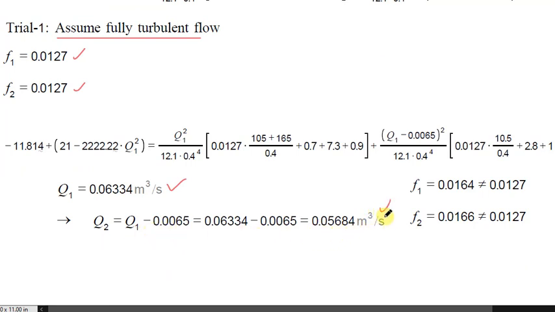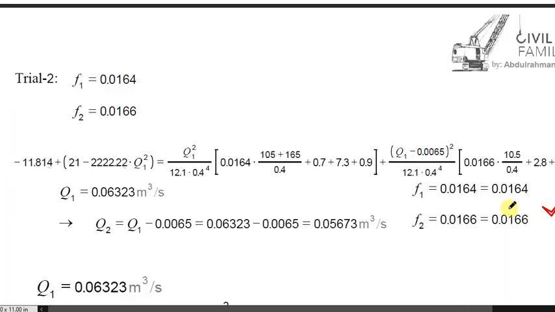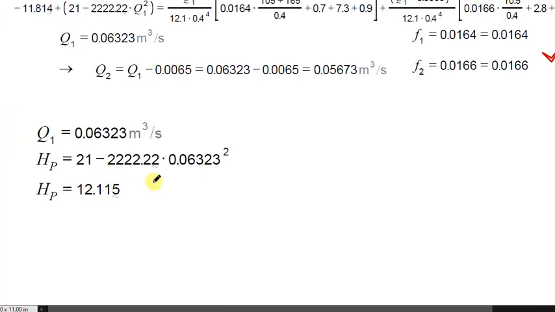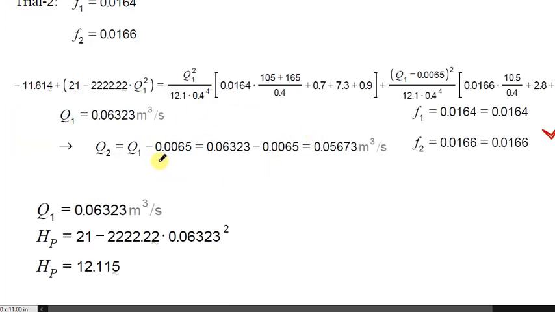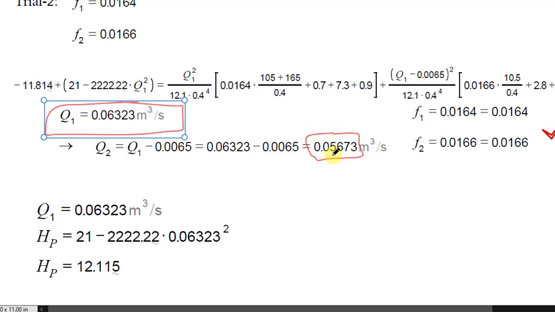I got the Q2. Solving for F1 and F2, they are not equal to the previous ones. Do another trial, and in the second trial I got F new equals F previous, the old ones, and therefore I can say discharge in 1 will be this one, discharge in 2 will be this one, which is exactly similar to the previous one.